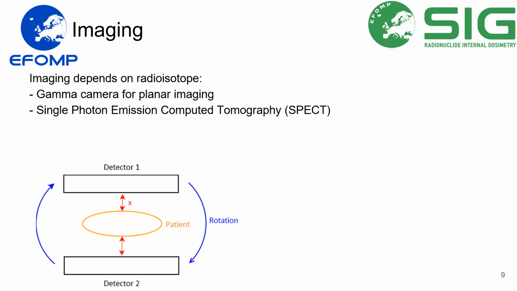But we can also have single photon emission computed tomography, SPECT imaging. So you see it's exactly the same image like before, but here the detector heads rotate around the patient's body and therefore acquire views, so-called views around the patient over 360 degrees, and we can reconstruct the three-dimensional distribution of the radiopharmaceutical.